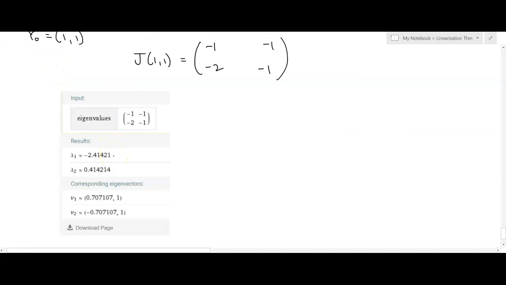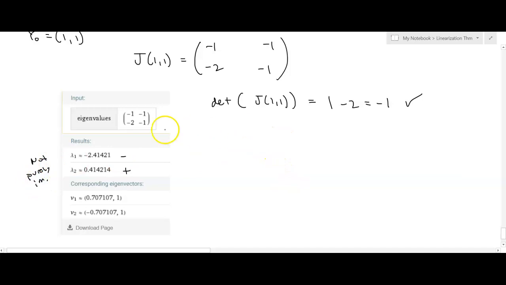So here we notice that we get one negative eigenvalue and one positive eigenvalue, which means that, oh, and we didn't check our determinant. The determinant of J(1, 1) is going to equal -1 times -1, which is 1, minus 2, which is -1. So that's a positive check. And these are not purely imaginary, so that's good.